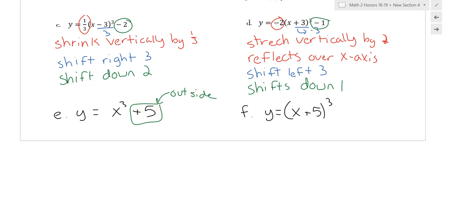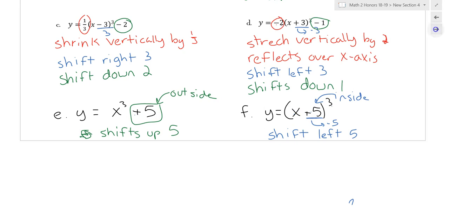So this is your k, it's shifting up and down. So this shifts up 5. Over here, this 5 is before the cubed. It's inside parentheses. So that's going to change to negative 5. So this is shifting left. These look very similar, but they are doing two different things. So just be careful with that.